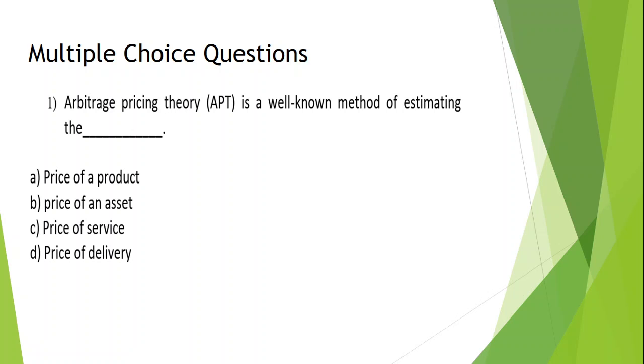Option A, price of a product, option B, price of an asset, option C, price of service, option D, price of delivery. Any guessing answer for this? The answer is price of an asset. Here, arbitrage pricing theory is a well-known method of estimating the price of an asset.